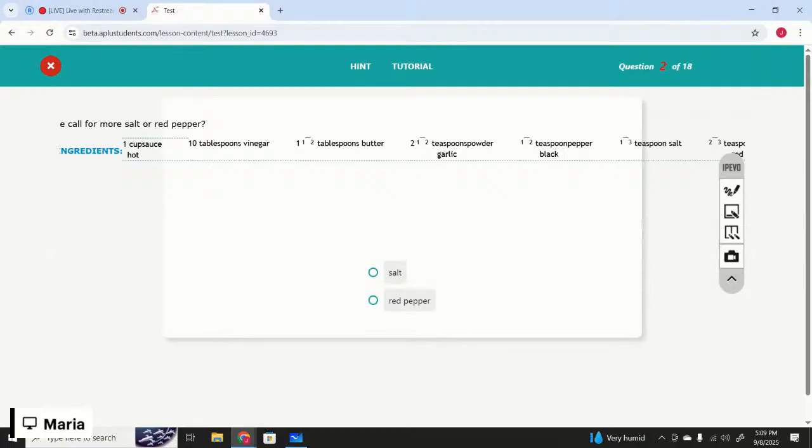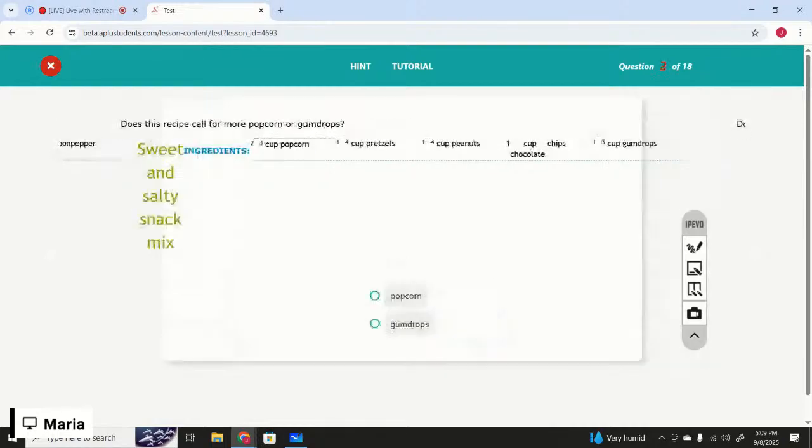Okay, does this recipe call for more salt than red pepper? So the salt is 1/3 and the red pepper is 2/3. So 2/3 is more than 1/3, so you need more red pepper than salt.